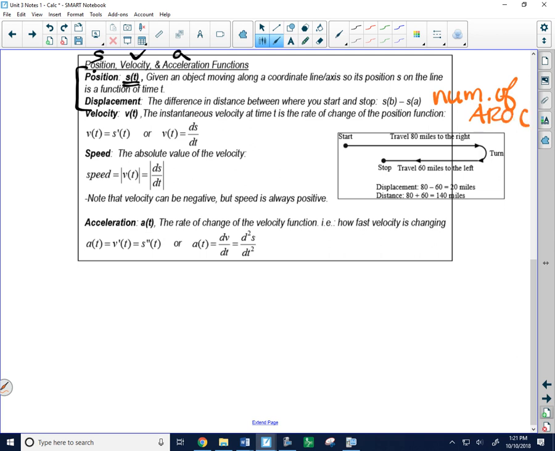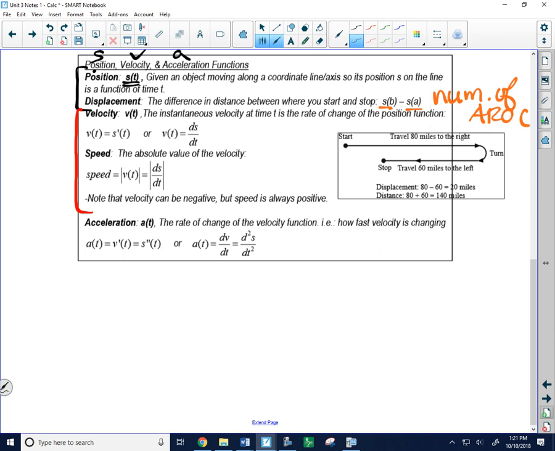You can also think of it as just start to stop. So where do you stop? That's what we do first, the b minus where you start, and that will give you displacement. Just the numerator of average rate of change.